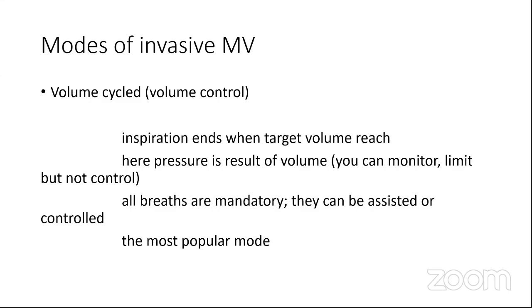And this is why we call it volume control. During volume control, you set your ventilator to deliver a specific amount of air. This is the tidal volume. And after delivering the full amount, the ventilator switches to expiration, allowing this air to come out.